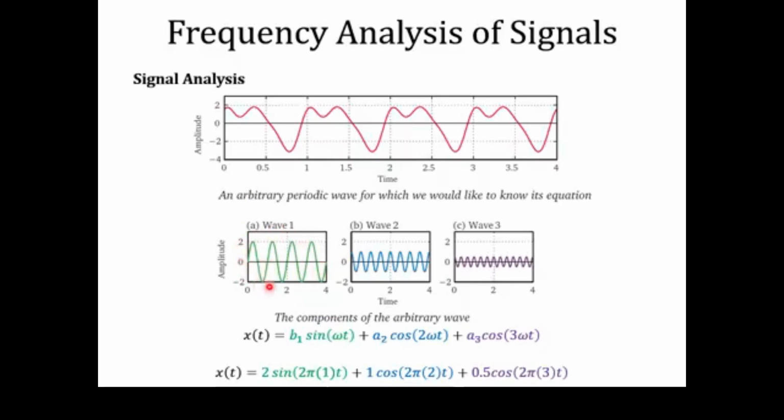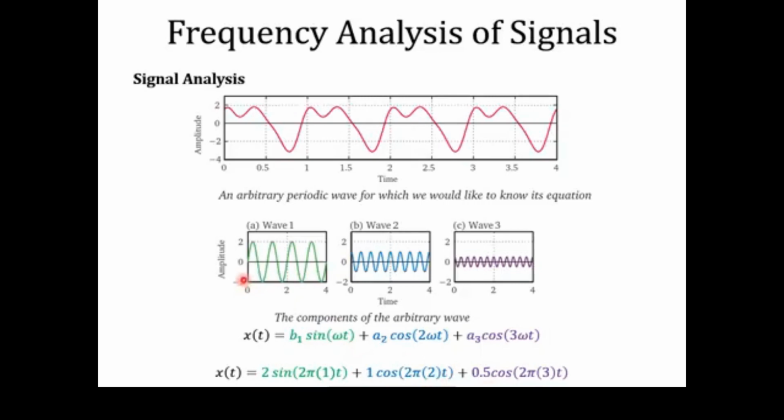So the green color sine wave is actually the fundamental component of the given non-sinusoidal signal, and this blue color cosine wave is the second harmonic component, and the purple color cosine wave is the third harmonic component present in the given signal. So we can simply write x of t, or a non-sinusoidal signal, is equal to summation of these sinusoids having the amplitude values of 2, 1 and half, and the frequency value equal to 1 Hz, 2 Hz and 3 Hz.